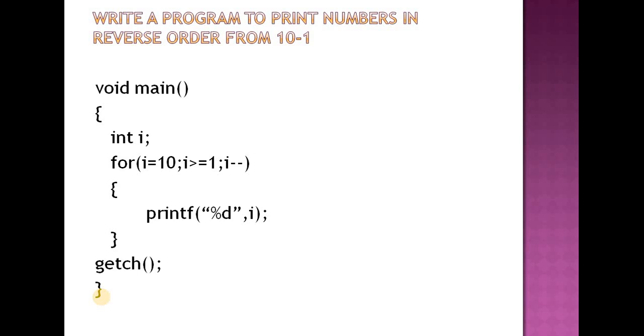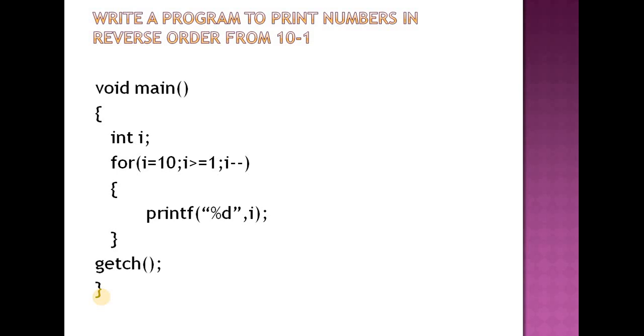Since the conditional test is always performed at the beginning of the loop, the body of the loop may not be executed at all if the condition fails at the start. So in case of while loop and for loop, if for the first time itself the condition is false, the body will not get executed.